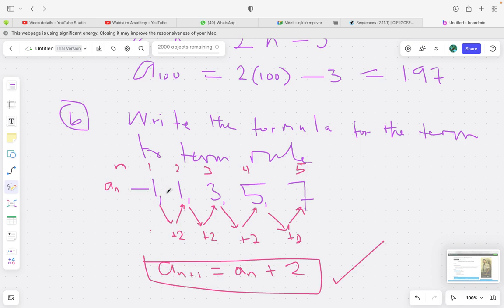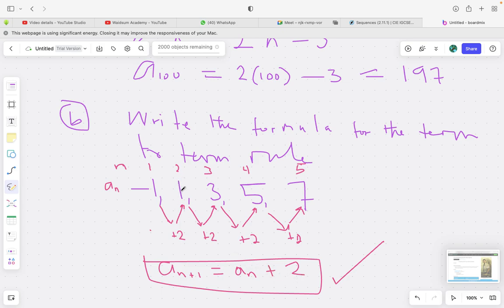If I'm in the first term and I want to get the second term, I'll say a_(n+1), which means whatever the a_n value is, you add 2 to it. That's when you can get to the second term. a_n is the first term now, a1, if you are considering the first term. But a_n represents any of the terms you are considering, so this is used for any term. If you are considering a1, you're going to say minus 1 plus 2. That's how this formula is generated.